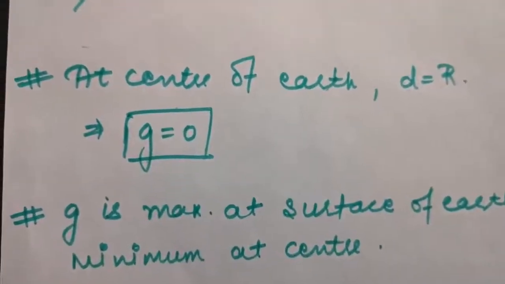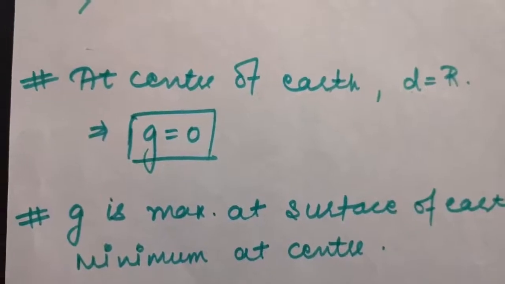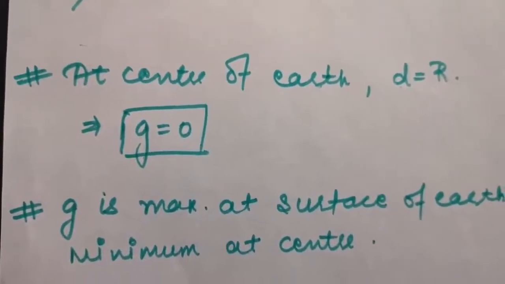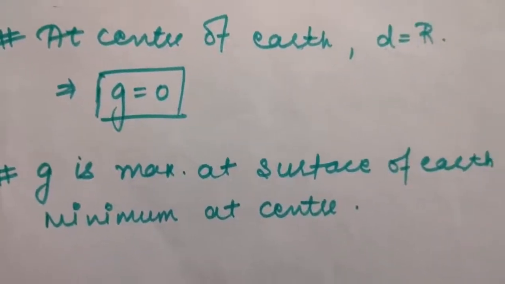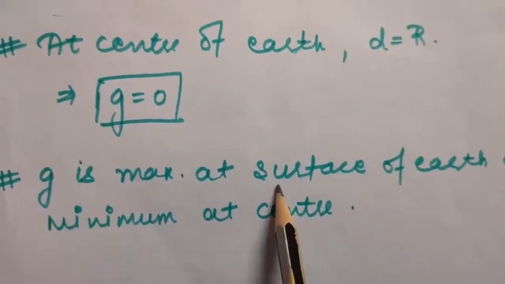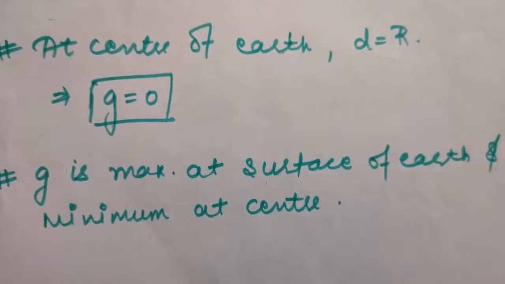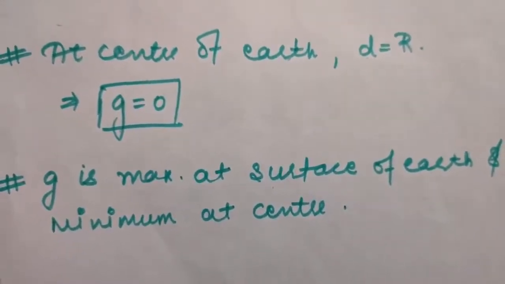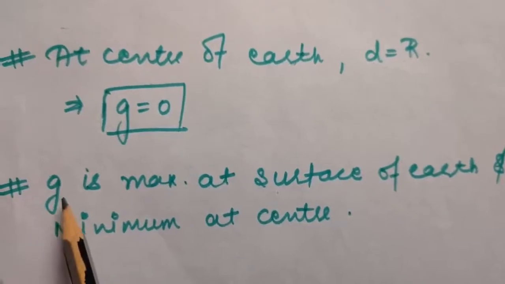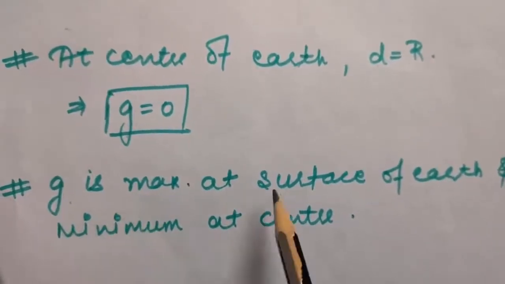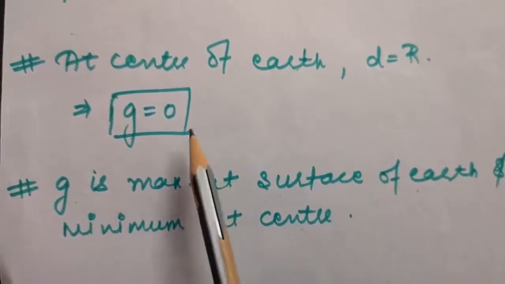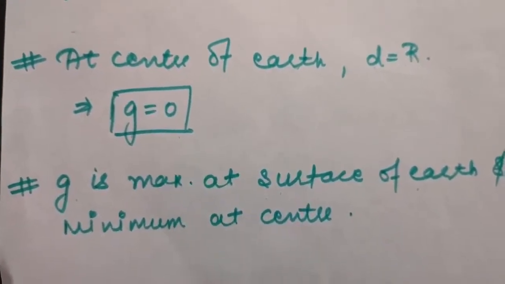And I have told you in the previous lecture also that at the center of Earth, the value of acceleration due to gravity is 0. So we can conclude one more thing from here, that g is maximum at the surface of Earth, and as I told you, whether we go to some height or some depth, it decreases. So we can say acceleration due to gravity is maximum at the surface of Earth and minimum at the center, that is 0.